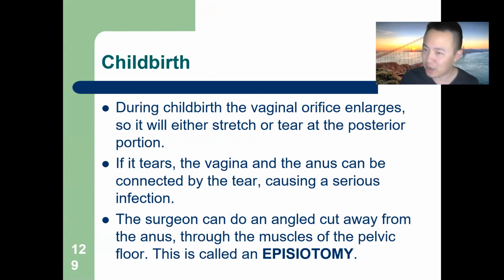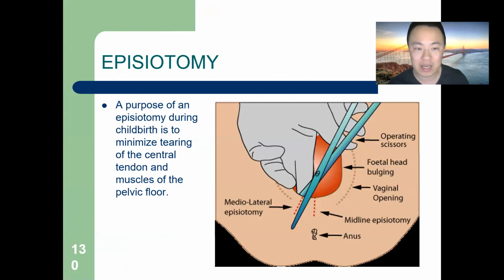Let's talk about childbirth. During childbirth, the vaginal orifice begins to enlarge, so it will either stretch or tear at the posterior position. If it tears, the vagina and the anus can be connected by that tear, causing a serious infection. The surgeon can do an angled cut away from the anus through the muscles of the pelvic floor, and that's called an episiotomy. Here is the vaginal canal and here is the anus.